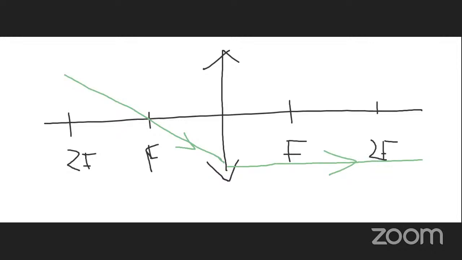Is that okay? Yes, teacher. A ray that passes through the principal focus will be refracted parallel to the principal axis. So that is what happens with the second principal ray.